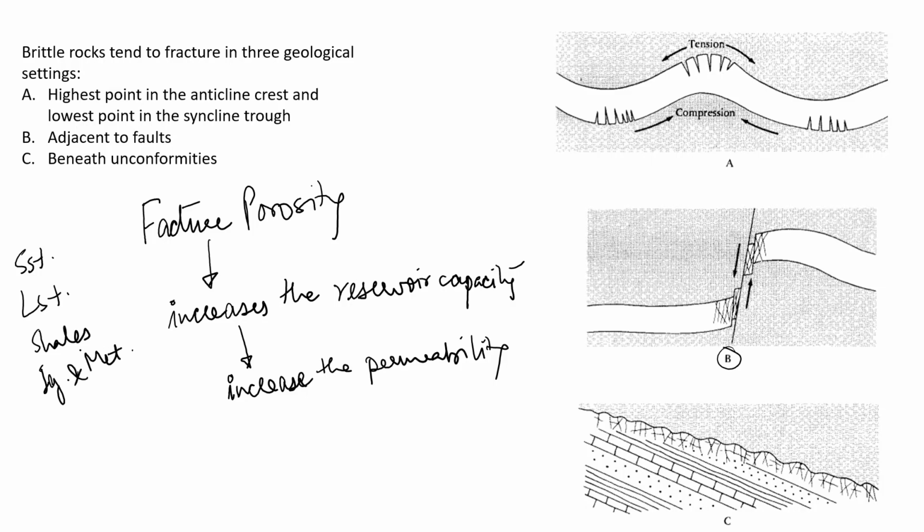You will come across several terms like the fractured basement reservoir. Sometimes oil or hydrocarbon may be found in igneous rocks. We all are aware that igneous rocks don't have the capacity to generate hydrocarbon, but they may sometimes act as reservoirs only by the development of fracture porosity.